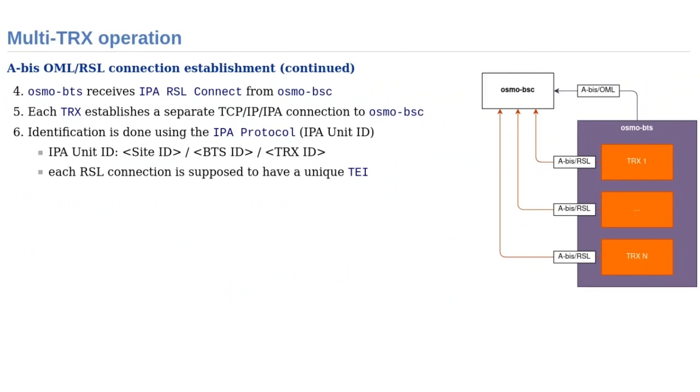The identification of a particular transceiver is done using the already mentioned IPA protocol, where you have a unit ID. It's basically a combination of three numbers: site ID, BTS ID, and transceiver ID. Also in this IPA header, you have 1 byte that allows distinguishing between different transceivers in the BSC.